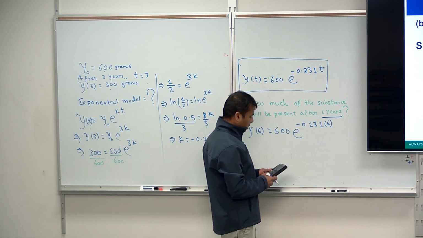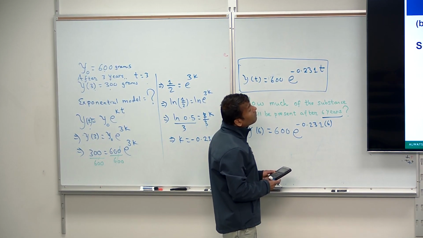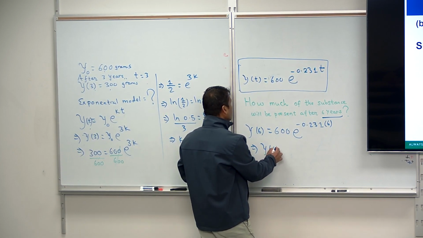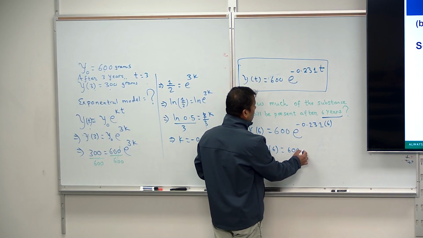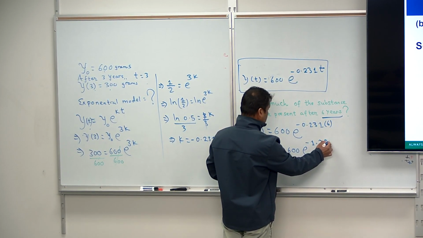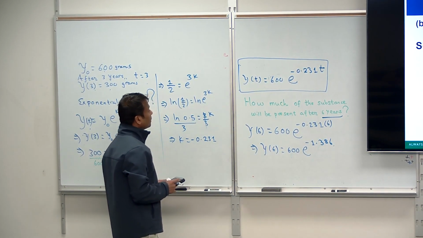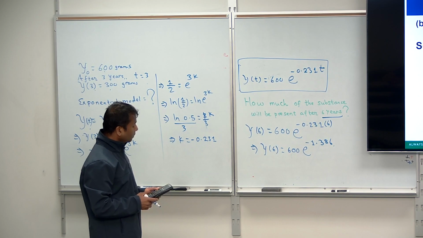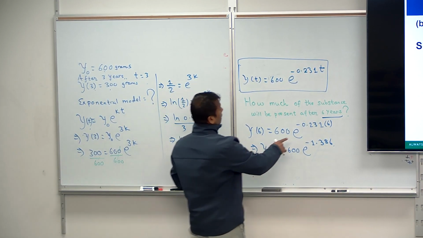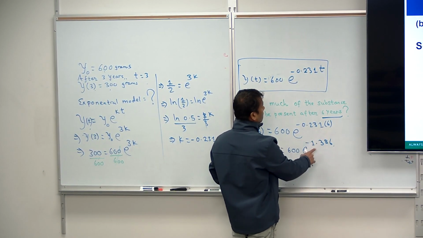So y6 equals 600 e to the power negative 1.386, right? I got it from here. You multiply negative 0.231 by 6.